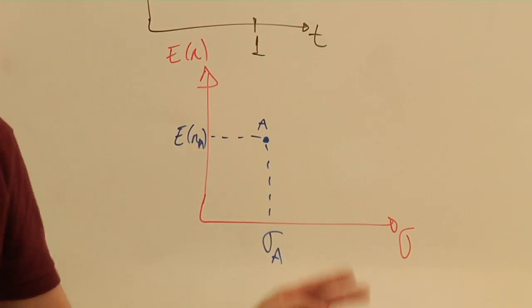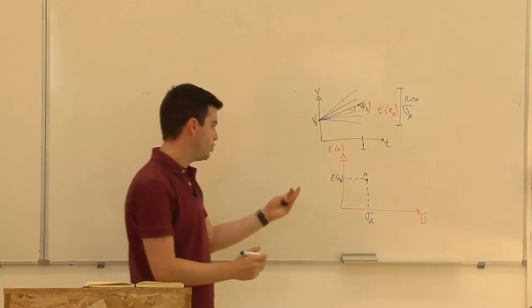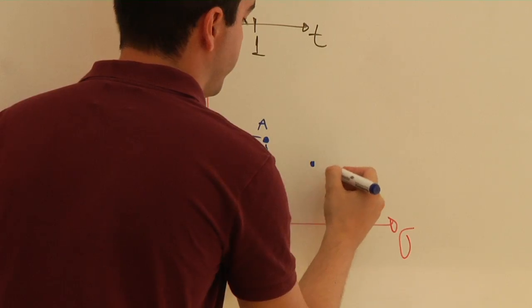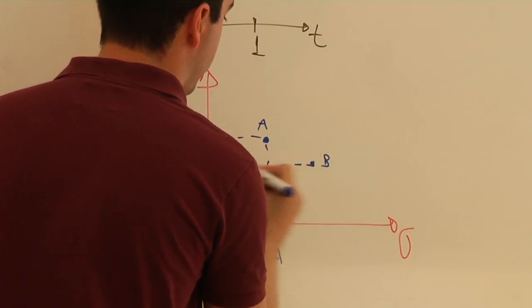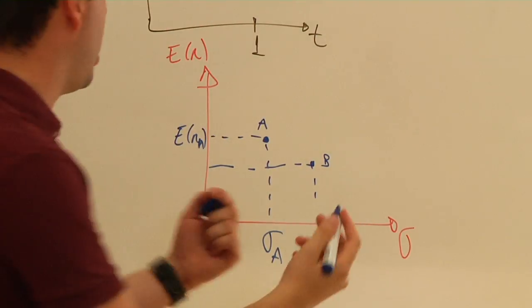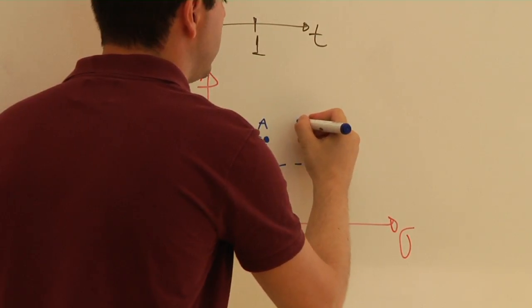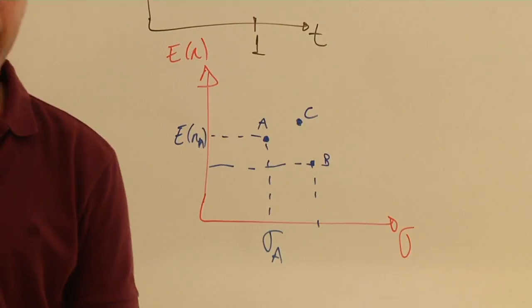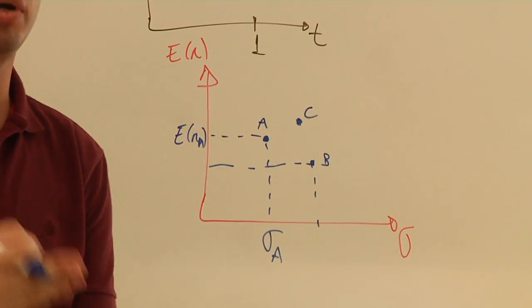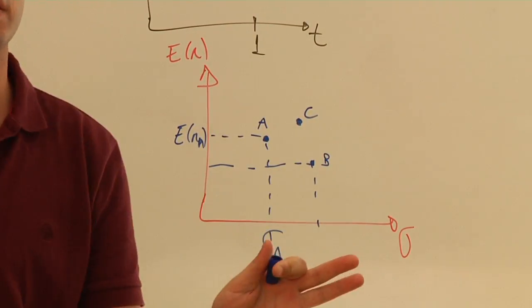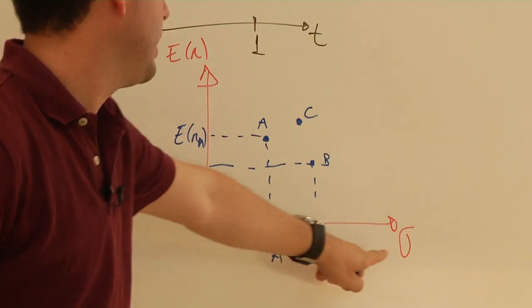Because for each asset, you will find these two things. And you can do this also for asset B, with a certain expected return and a certain risk, and also for asset C, and so on. So for every single asset that you may find on the market, you will have these two things, expected return and risk.